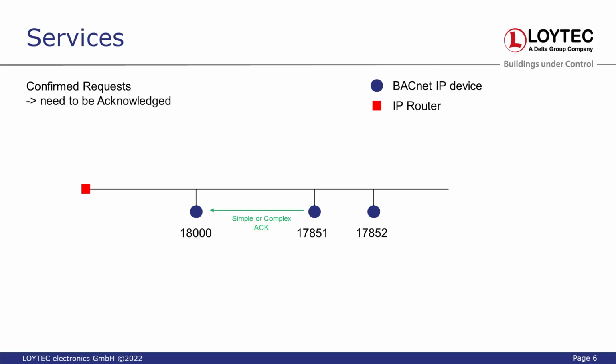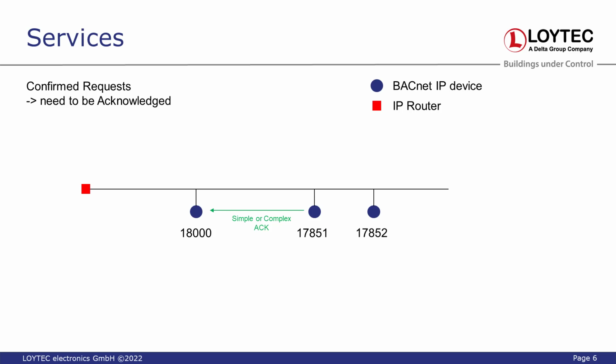Confirmed requests could be the services SubscribeCOV, read and write property, acknowledge alarms, etc. Simple acknowledgements are answers by a remote station for services which need acknowledgement, like confirmed requests. Complex acknowledgements are also answers by a remote station but do already contain the response to the requested data.